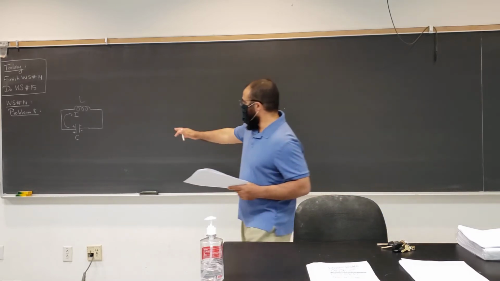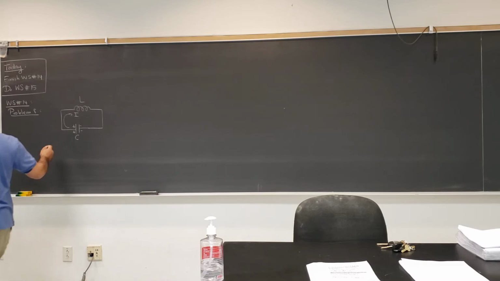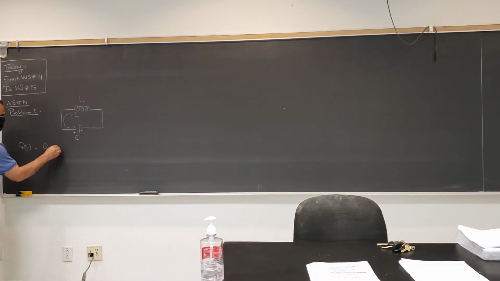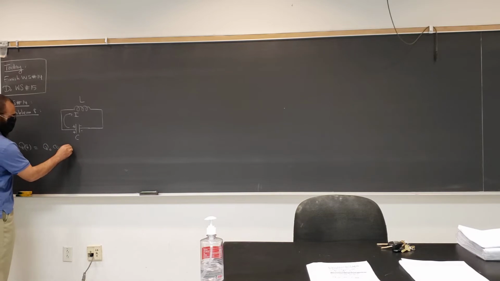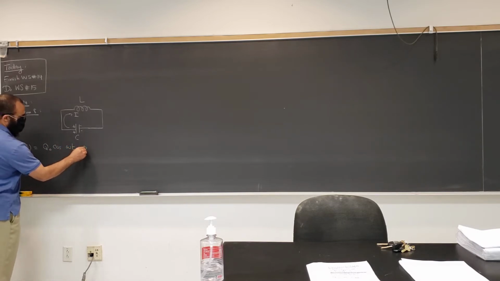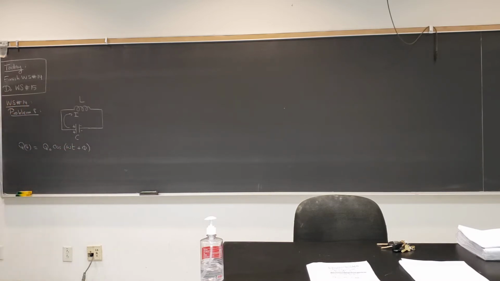So since this is an ideal LC circuit, we know the following. The charge as a function of time is usually given by Q0 times the cosine of omega t plus some phase shift, and then the current I of t would be minus dq dt, so it's Q0 times omega times the sine of omega t plus the phase.